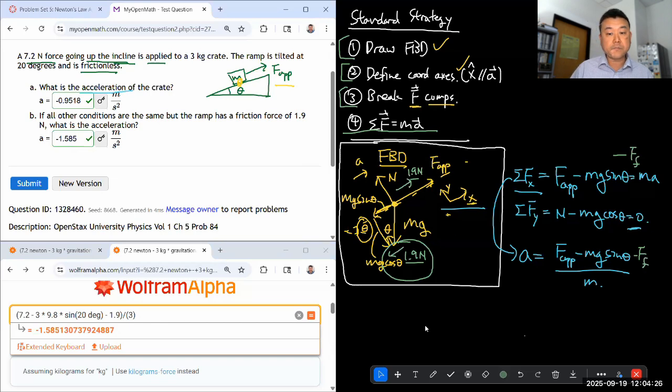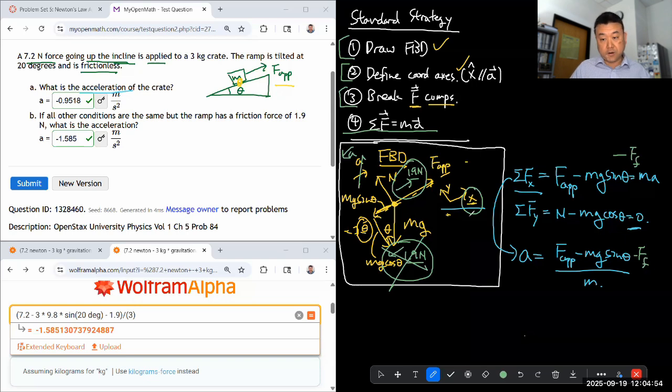Instead of somehow giving a special meaning to this, maybe you think it's more natural for a crate to start from rest. In that case, acceleration being down the hill means it's going to start to slide down the hill from rest. That means your friction force should actually be opposing that motion.